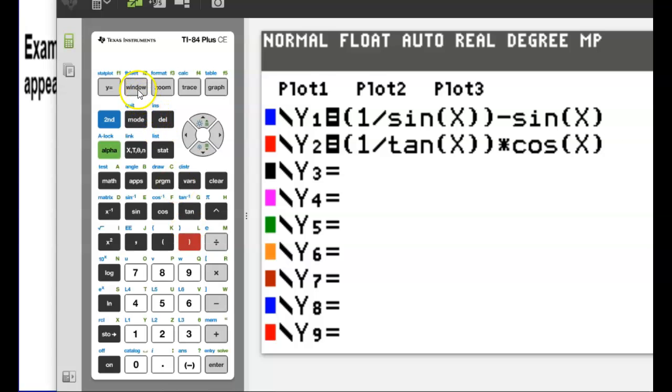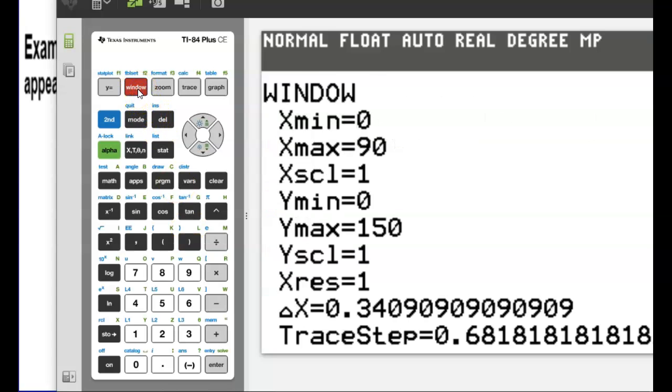All right, I'm going to set my window. I'm in radians, so what's a good window? Not 0 to 90. I told you to graph this. We could probably do negative 10 to 10, but what do we graph in, guys? When we graph sine and cosine, we graph in terms of pi, right?